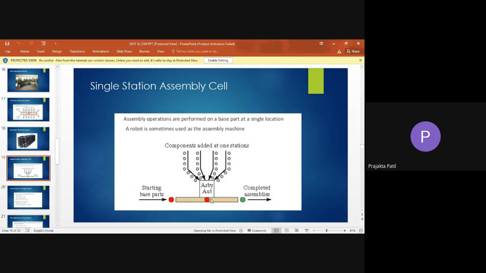Suppose there are direction changes or orientations that have to be changed, everything has to be done at this one station itself. So it takes comparatively more time than the other configurations. So these are the four configurations that we have: inline, rotary, carousel type, and the single station assembly cell.